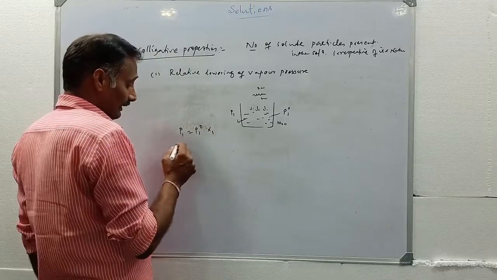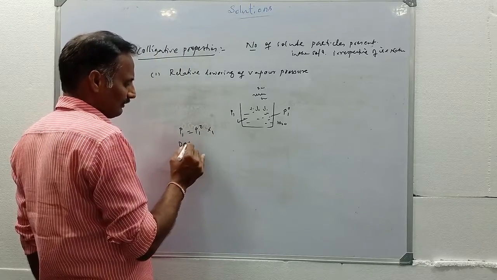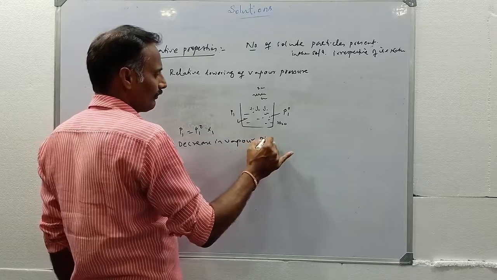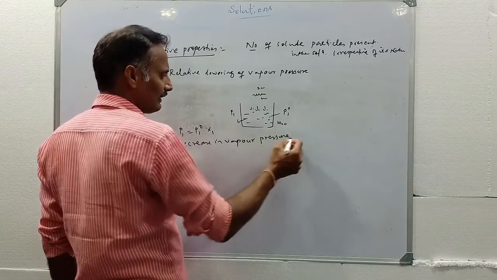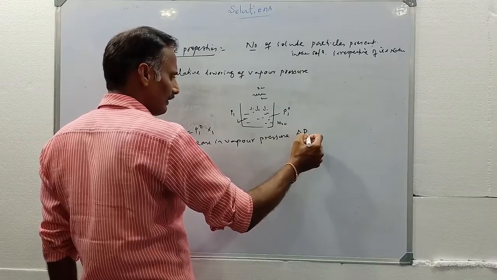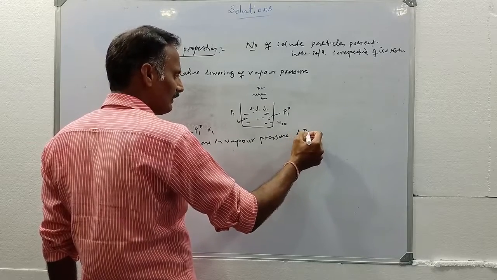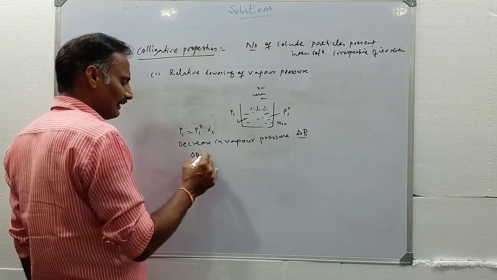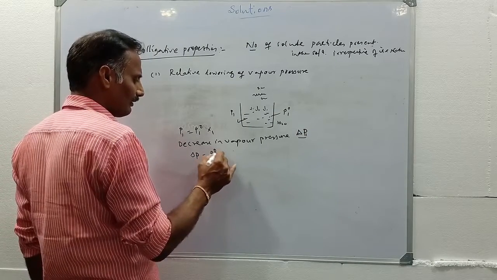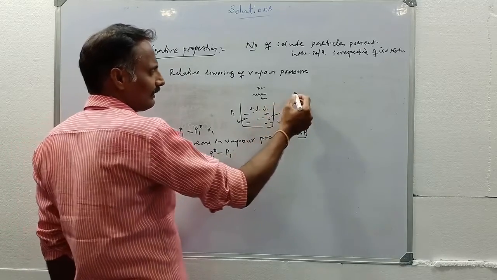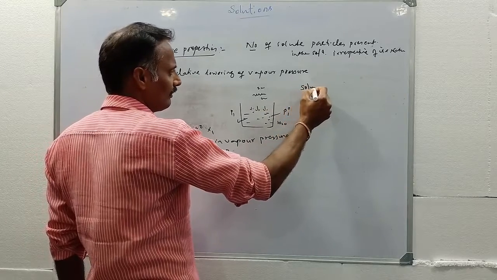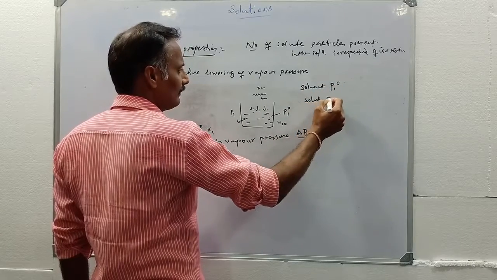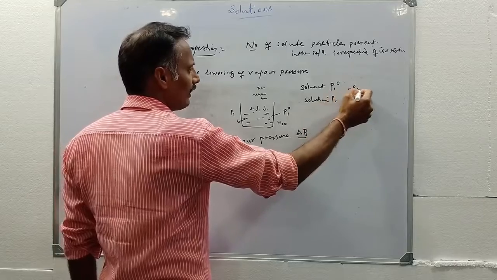Then the decrease in vapor pressure is given by delta P, or delta P1. Delta P, the decrease in vapor pressure, equals P1 naught minus P1. The vapor pressure of the solvent is P1 naught and that of the solution is P1, and P1 naught is always more than P1.